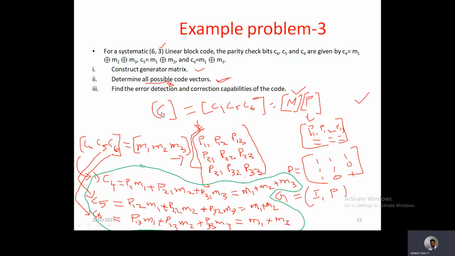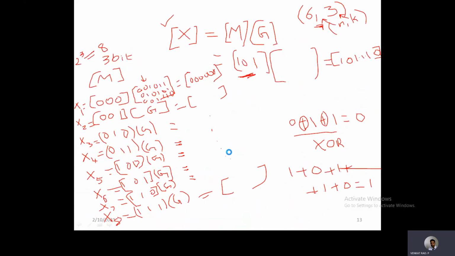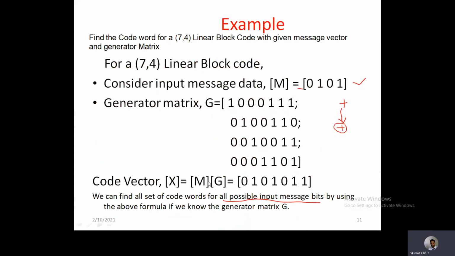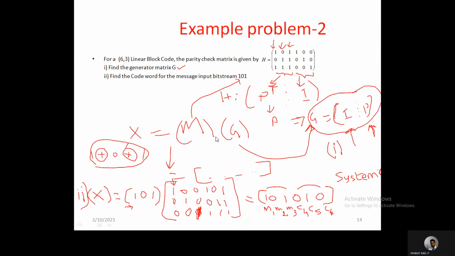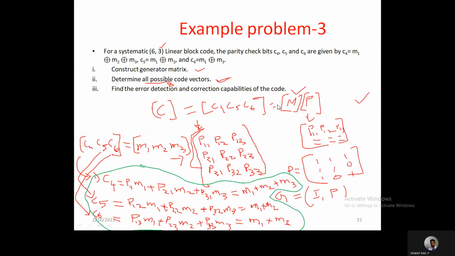We know that parity bits are represented as a linear combination of message bits. We already know there is a relation between parity bits and the coefficient matrix, that is C is equal to M into P, because we already represented that. So we are using the same formula here. That is C. What are the elements in C? C4, C5, C6 is equal to the multiplication of M and P.